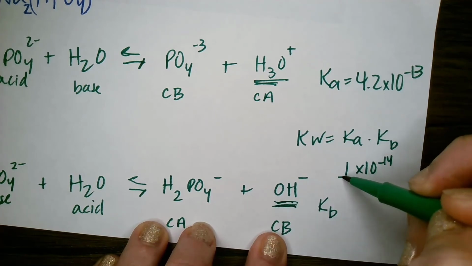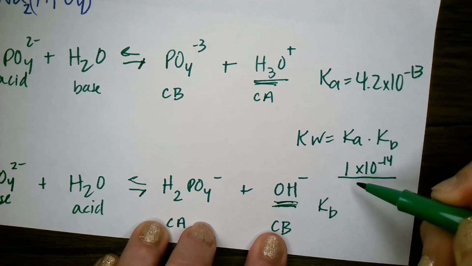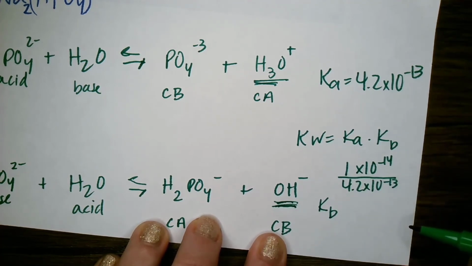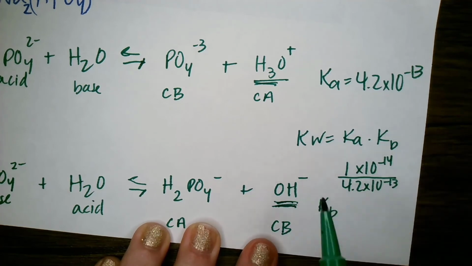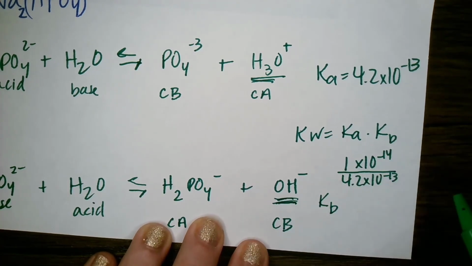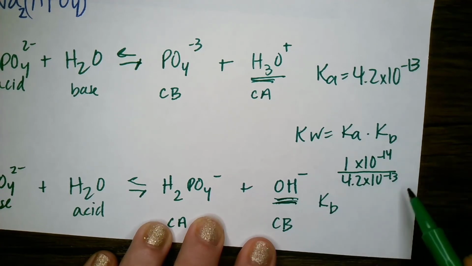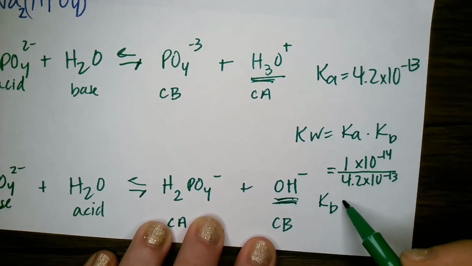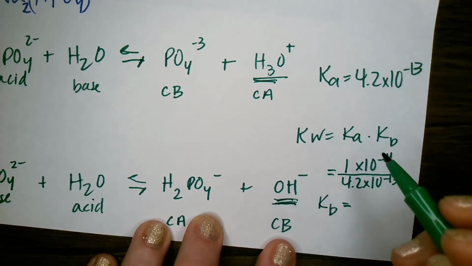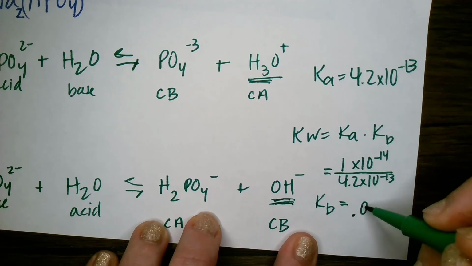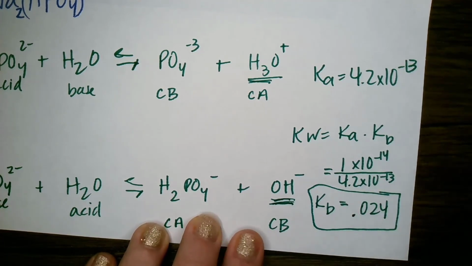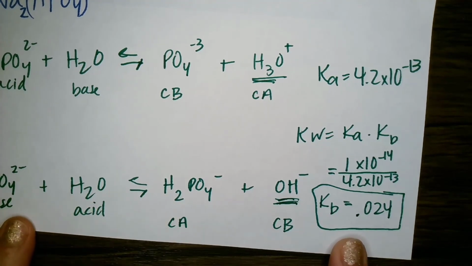We know Kw is 1 times 10 to the negative 14th, and our Ka value is 4.2 times 10 to the negative 13th. So for our Kb value, let's plug into the calculator 1 times 10 to the negative 14th divided by 4.2 times 10 to the negative 13th. We get a Kb value of 0.024.